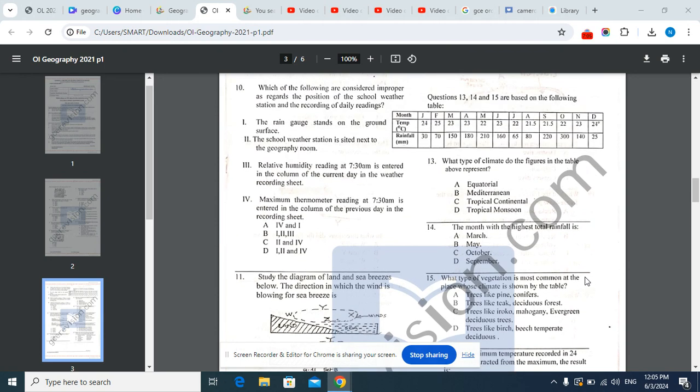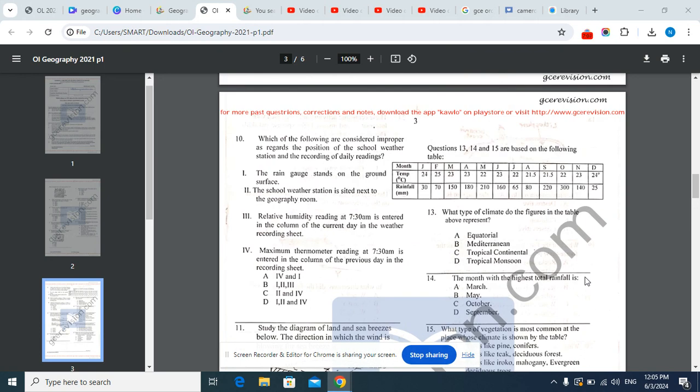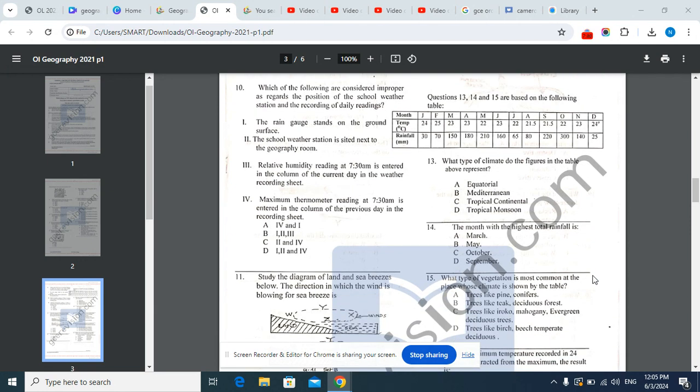Question 13. Questions 13, 14, and 15 are based on the following table.